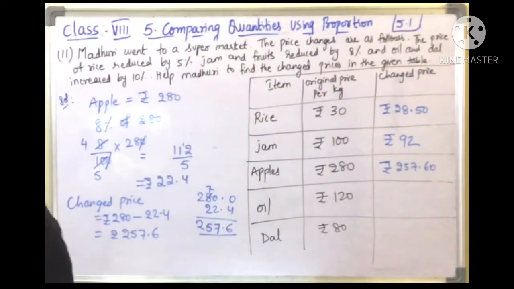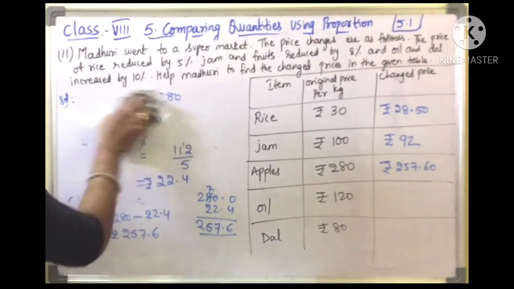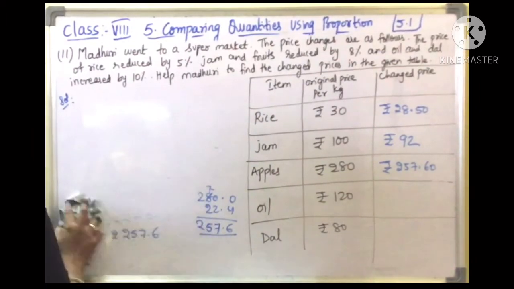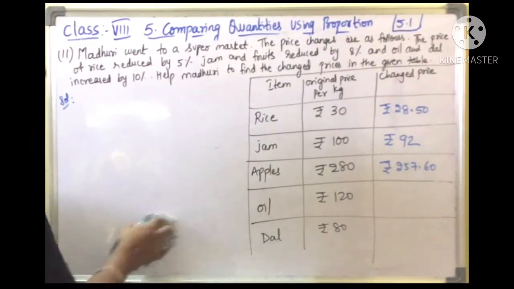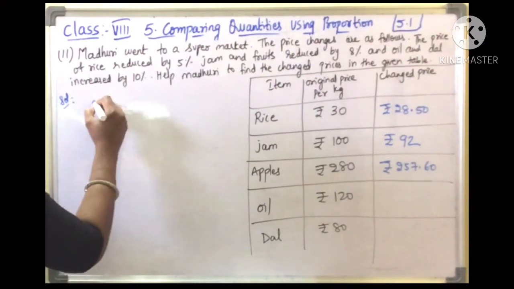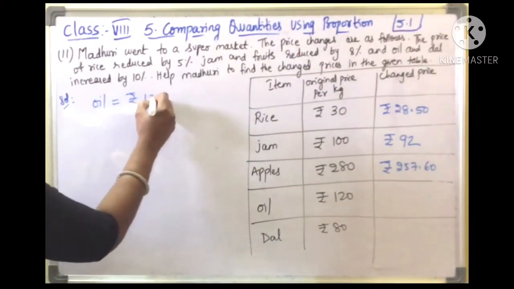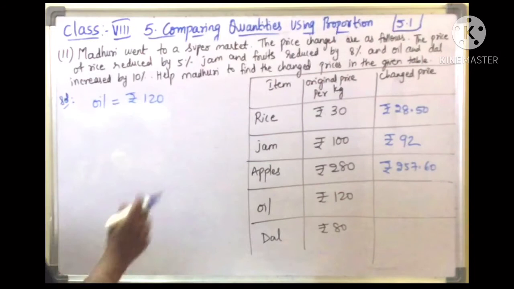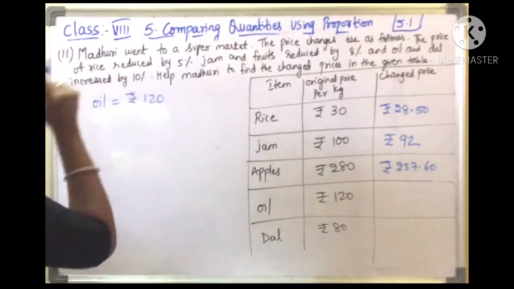Okay, coming to the fourth one, children, we need to find oil. What is the cost of oil given here? Rupees 120. What is the condition for oil? Oil and dal are increased by 10%.